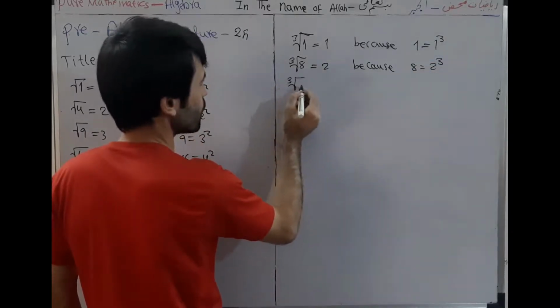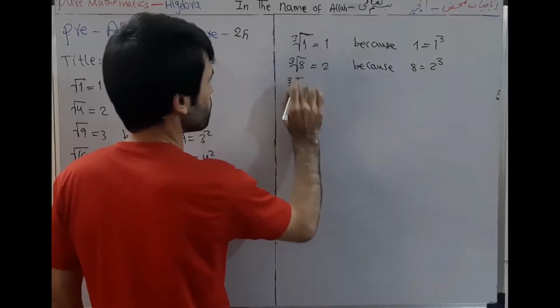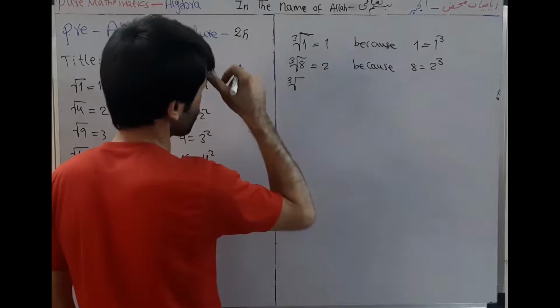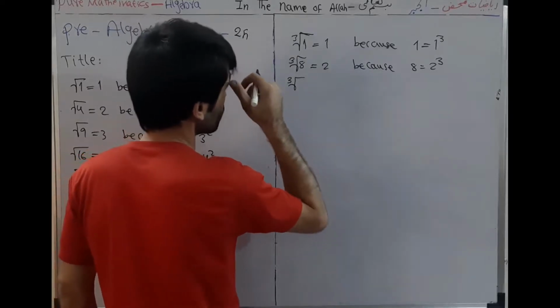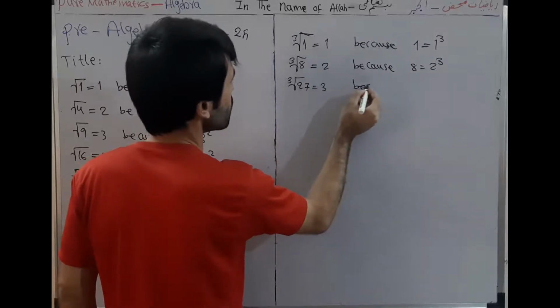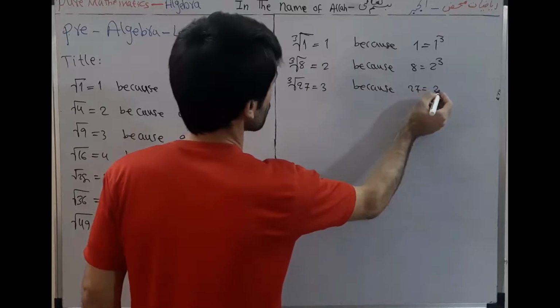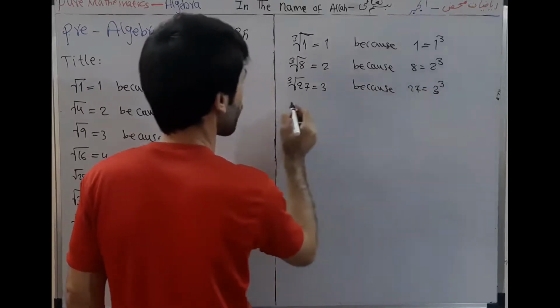The cube root of 27 is equal to 3 because 27 is equal to 3 to the power 3.